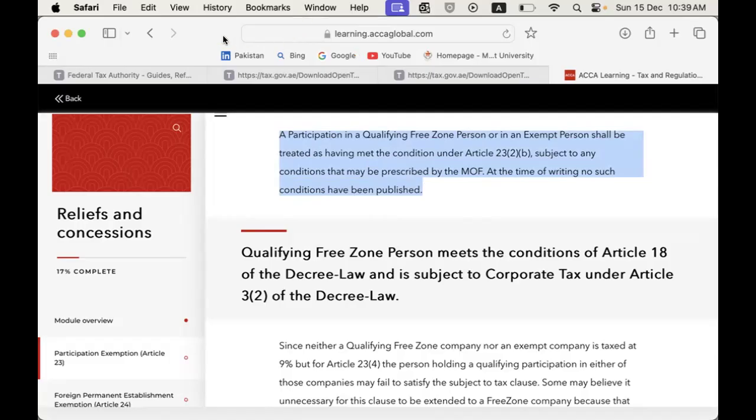I can see that Haya is there, Kalama is also there, Abbas is also there. So, guys, give me an example, just a fictitious scenario where a participation can invest in a qualifying free zone person. Kalama, are you there?